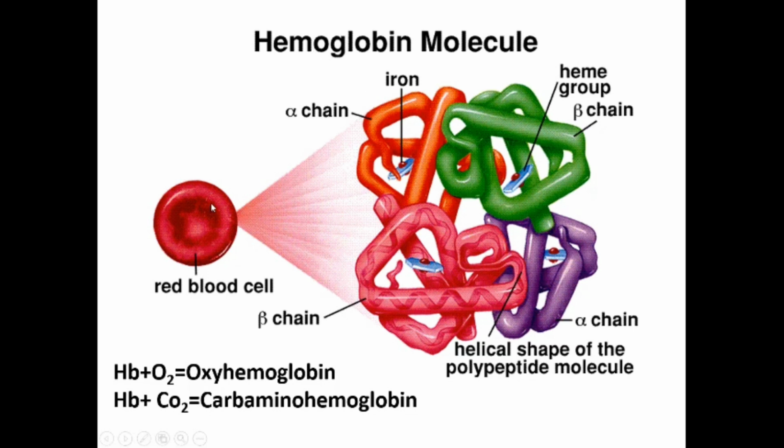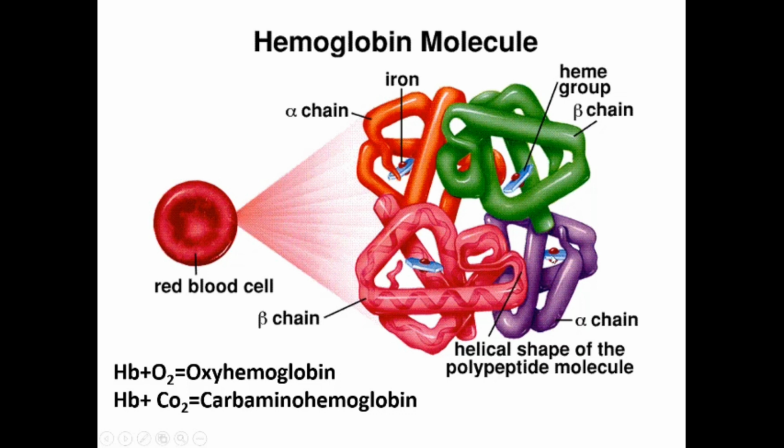The RBC loses all of the organelles and nuclei and fills the cytoplasm with an oxygen-carrying protein called hemoglobin. Hemoglobin is made of 4 chains of polypeptides, and each chain has a heme group, and heme also has an iron component.